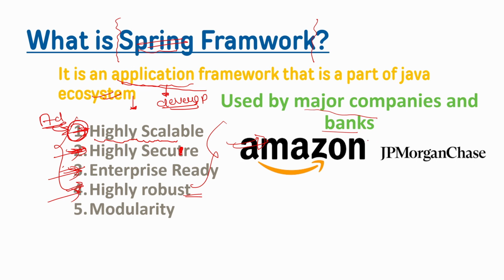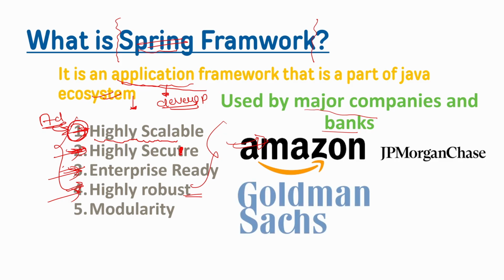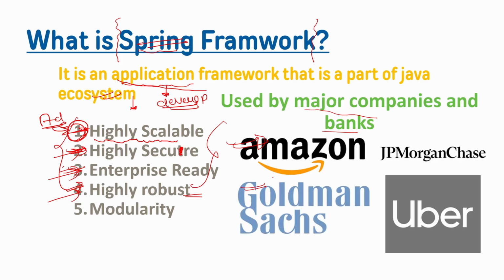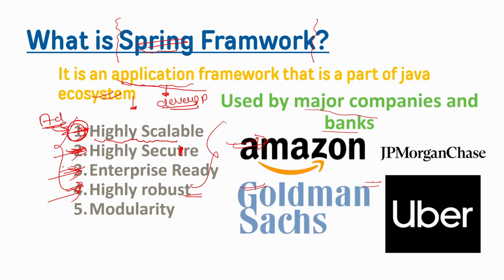All the major banks you can think of use the Spring framework due to its highly scalable and secure features. Goldman Sachs, Uber, Google, and many more companies use the Spring framework as their backend framework.